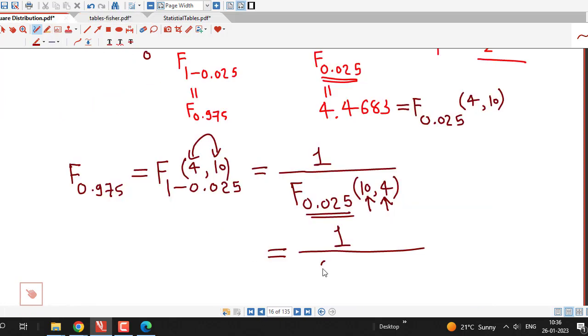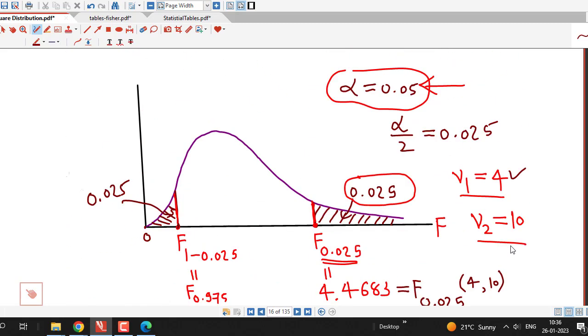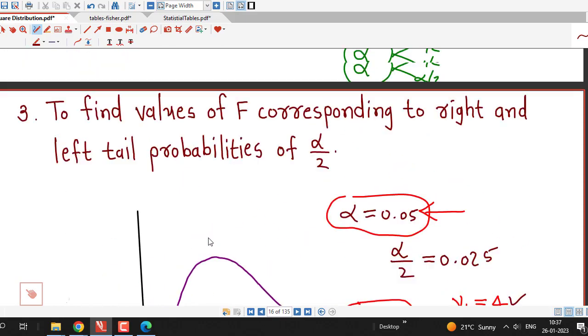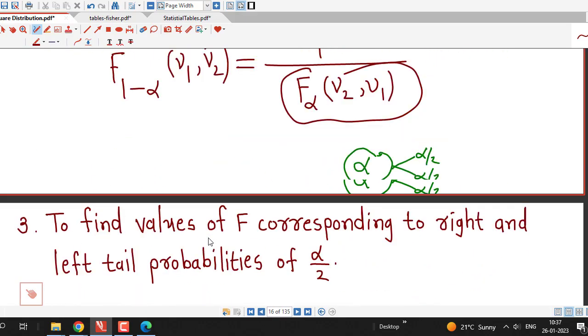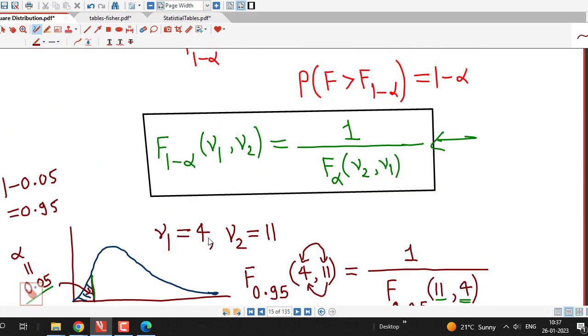So I will write it here, and now I am taking 1 divided by 8.8439, and using my calculator I find this as 0.1131. So this point is 0.1131.